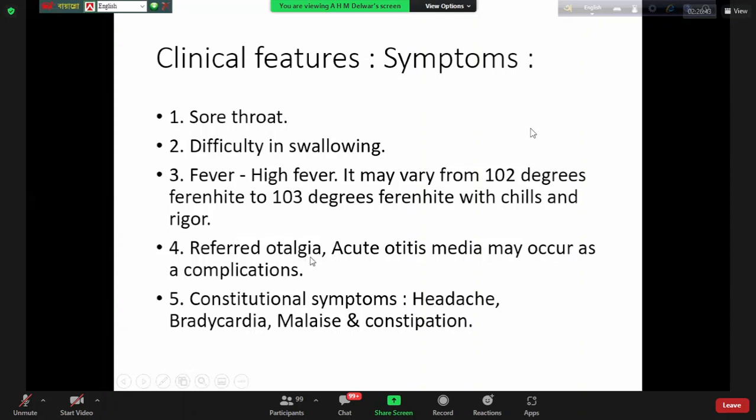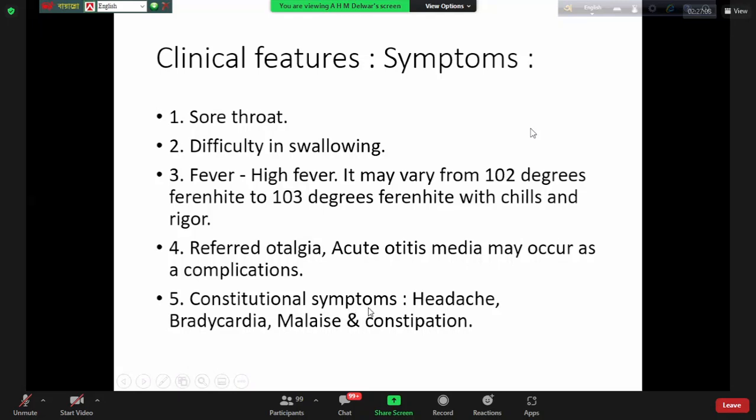So some patients come to you with earache. Acute otitis media may occur as a complication. Through the eustachian tube, the virus or bacteria may go to the middle ear and the patient may present with acute otitis media.